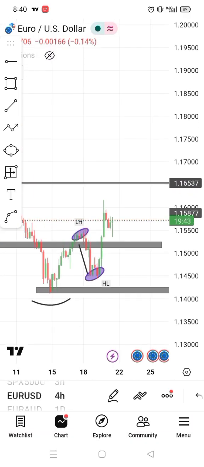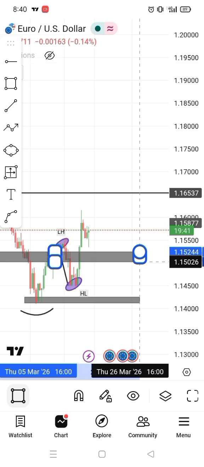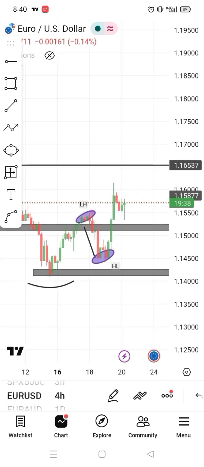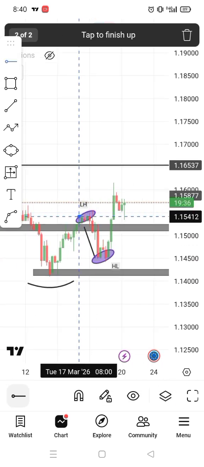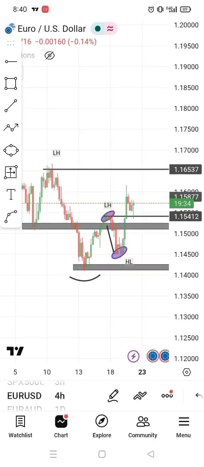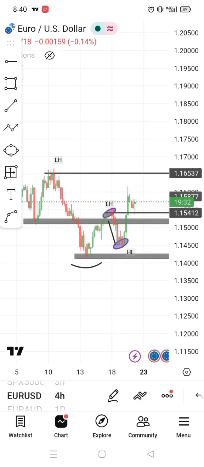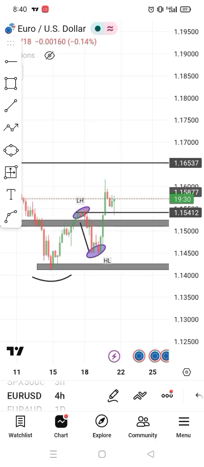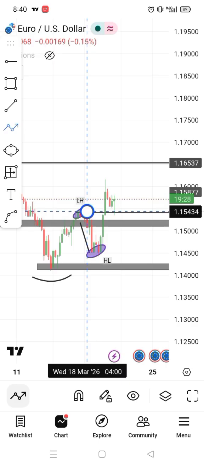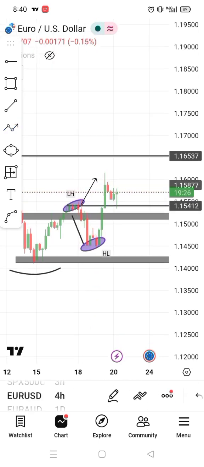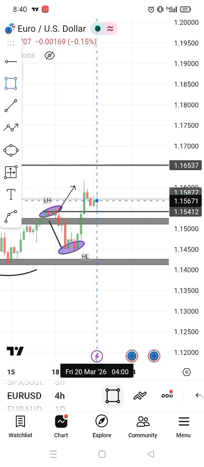And then what's the other thing is, it broke this level, broke the higher low, so we know that anything above this level could go up to this. So same thing.